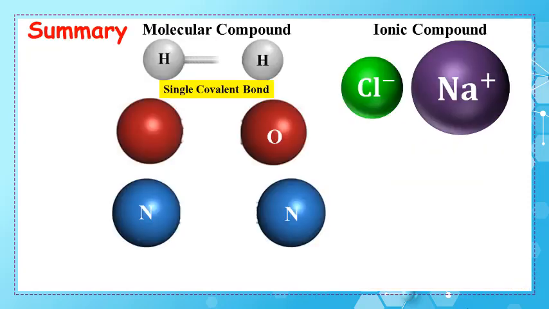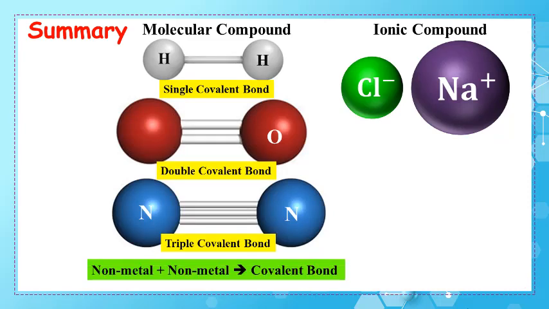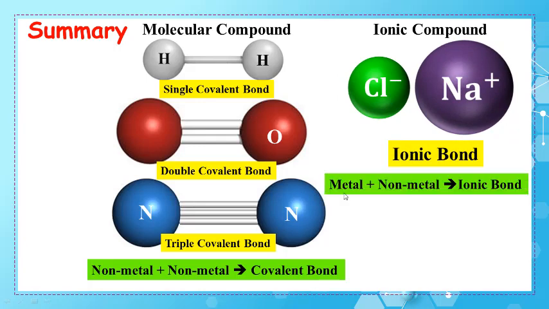So molecular compounds contain single, double, or triple covalent bonds formed between two nonmetals. So in molecular compounds, a nonmetal plus nonmetal will give the covalent bond. While in ionic compound, the ionic bond is formed, and it is formed between a metal and a nonmetal.